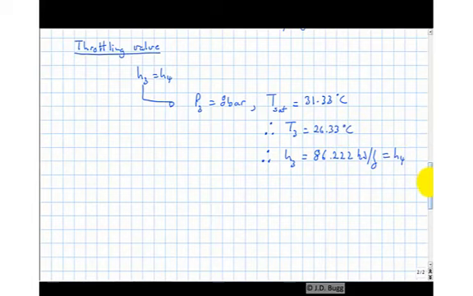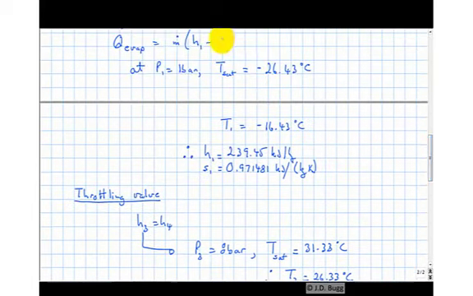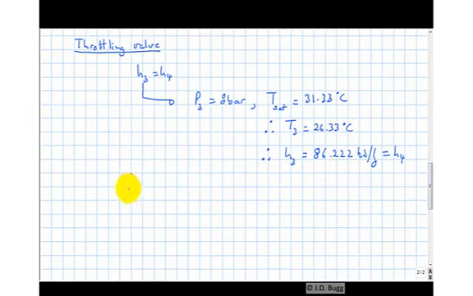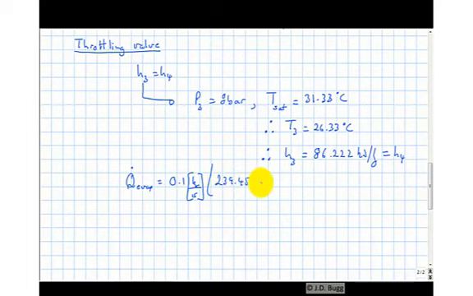So now we can return to our evaporator, and we have all of the numbers we need for Q dot evaporator. So Q dot in the evaporator is equal to the mass flow rate, 0.1 kilograms per second, multiplied by H1, 239.45, minus H4, 86.222, and both of those are kilojoules per kilogram.